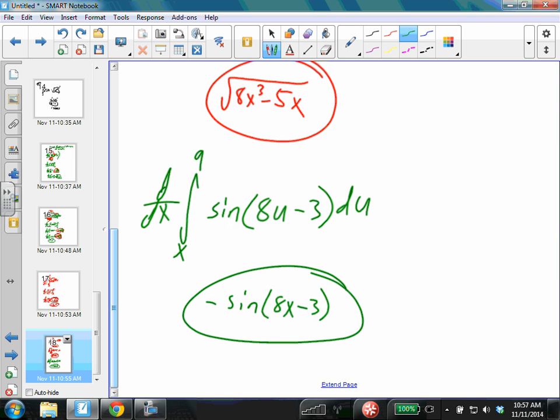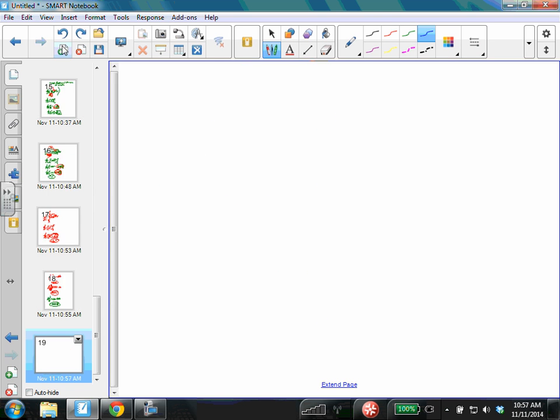Done. But this one just turned negative. Why? X was on the lower bound. Okay? Easy enough? I think we established a pretty good pattern with those. So now let's make it a little more difficult.